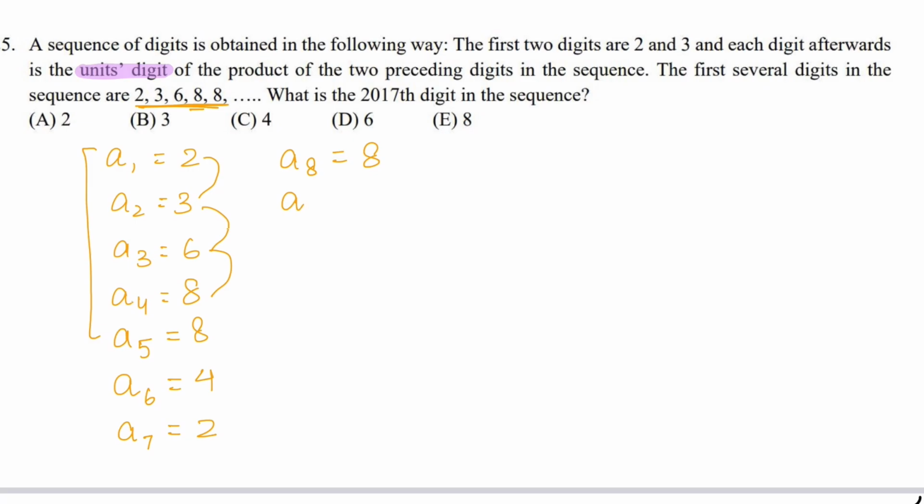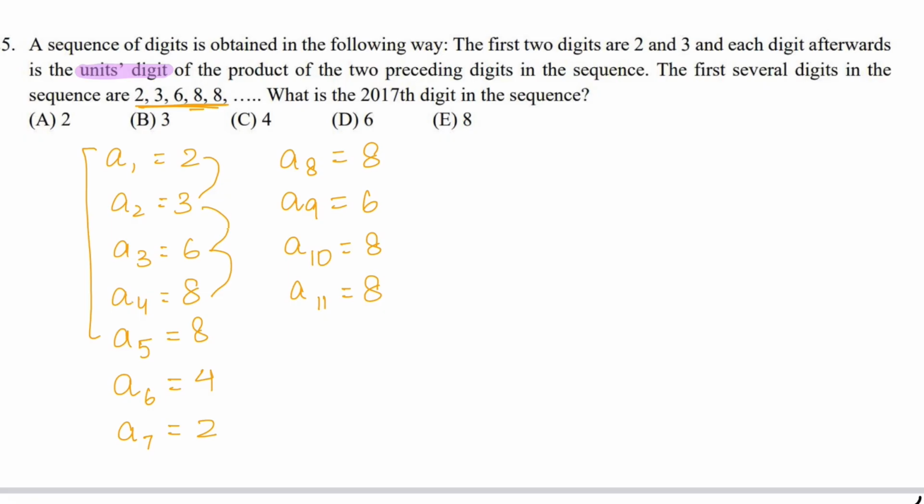Then 4 times 2 is 8. A9, my ninth term, is going to be 8 times 2, which is 16, so 6. A10 is going to be 6 times 8, which is 48, so 8 as my unit digit. A11, 8 times 6, which is 48, and my unit digit 8.